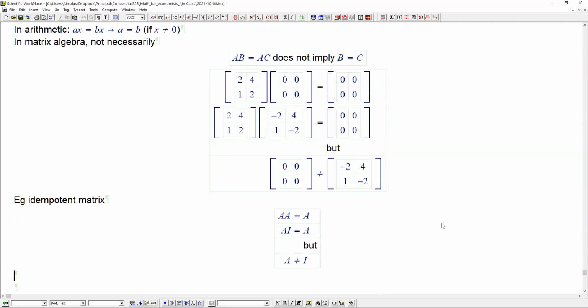So other sorts of matrices. Symmetric matrices.